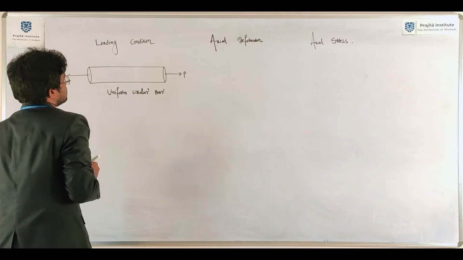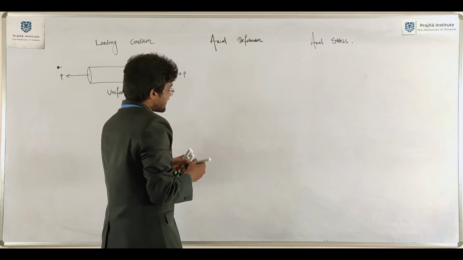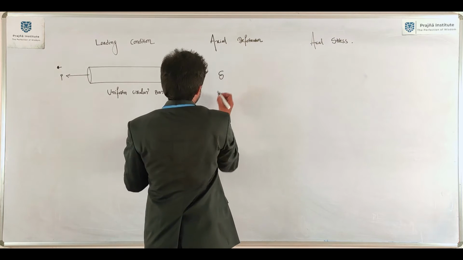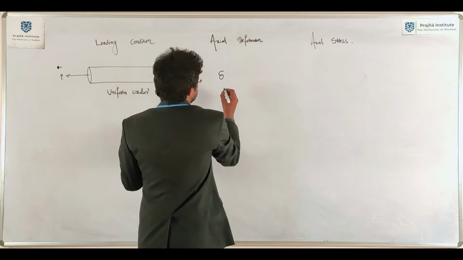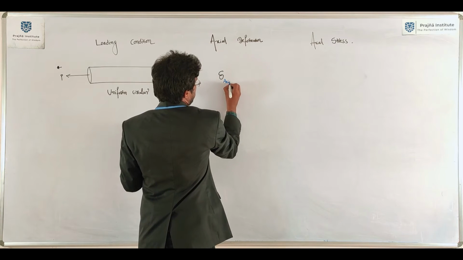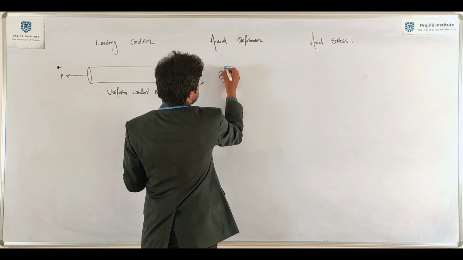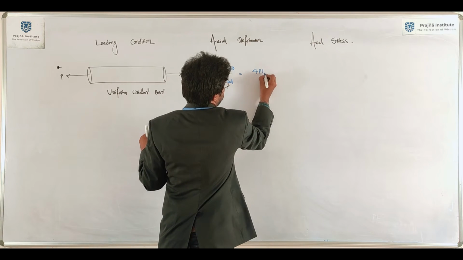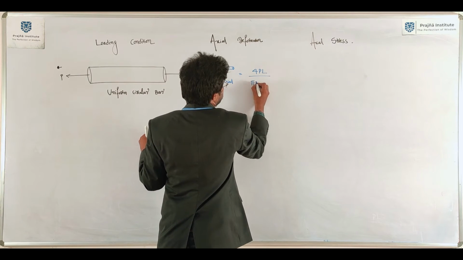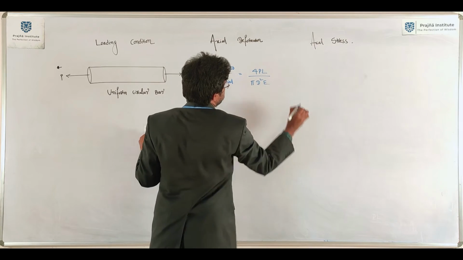Axial deformation, delta axial, here it will be 4PL by pi d square into E.